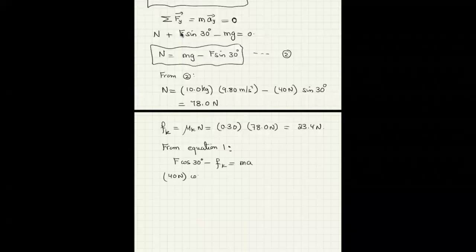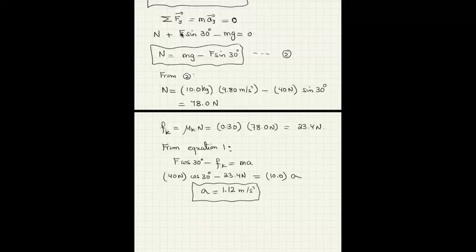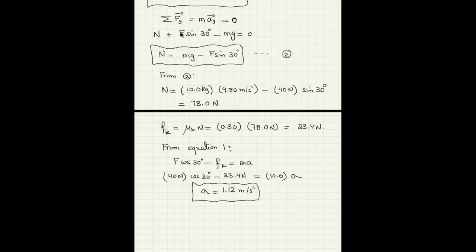And here I have cosine 30 minus 23.4. And that is the 10 times a. And from that, I should be able to get, I think this is the answer, 1.12. Any questions?